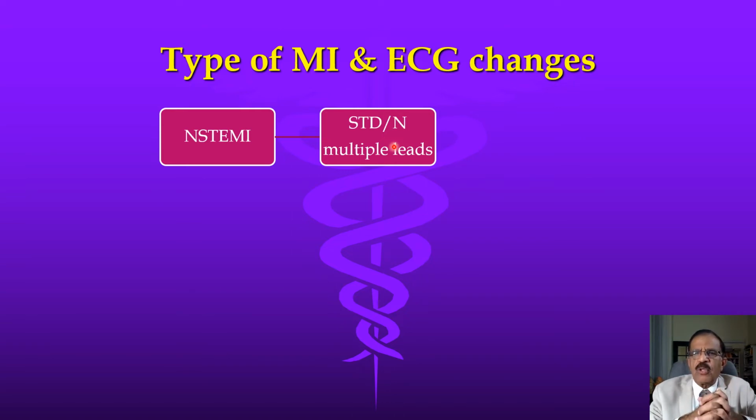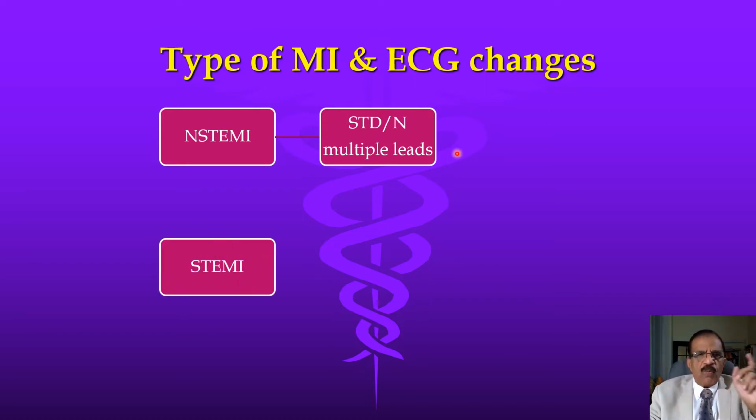The ECG might just look normal or only slightly abnormal, or may show just subtle abnormality, no definite ST segment elevation. So the symptoms are those of acute myocardial infarction, but the ECG does not show any ST elevation. It could show depression or no change. And this is typically seen in multiple leads, because I have already mentioned that it is usually not possible to exactly localize NSTEMI.